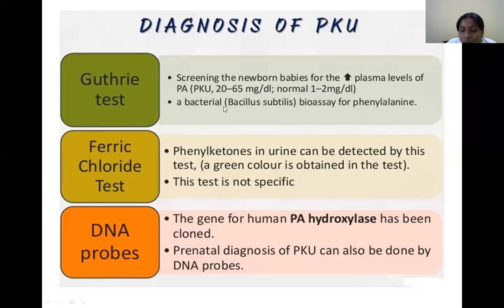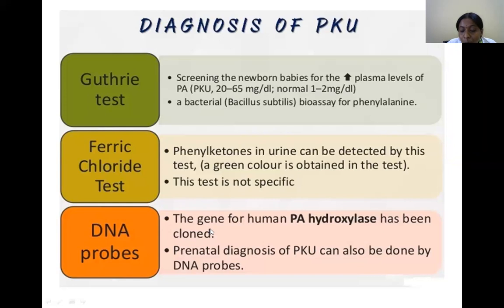A bacterial assay with Bacillus subtilis is the bioassay of phenylalanine. Ferric chloride test: phenyl ketones in urine can be detected by this test. A green color is obtained in this test, but it is not a specific test.